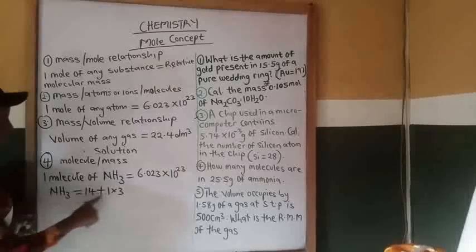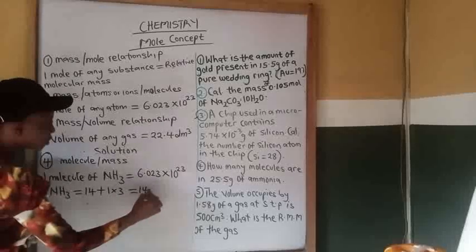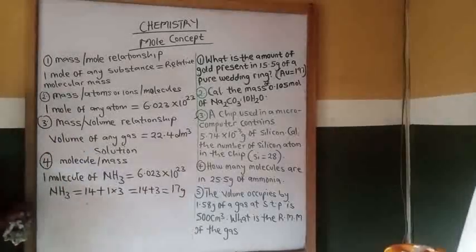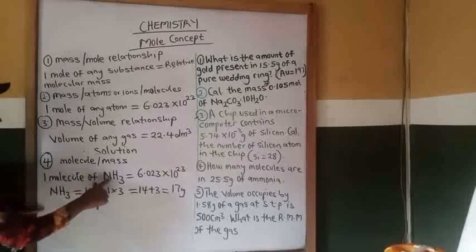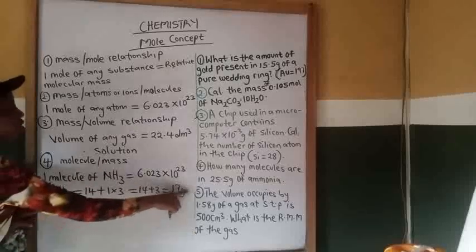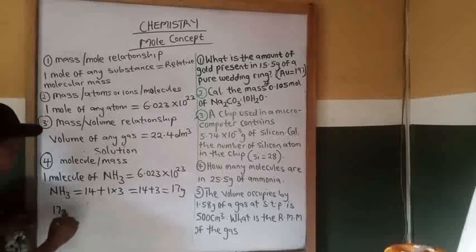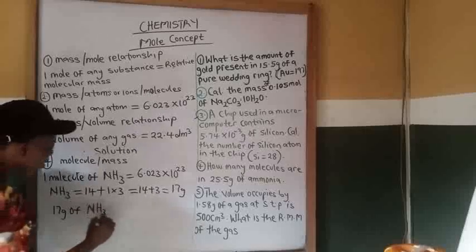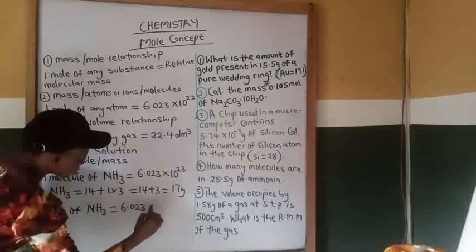That is equal to 14 plus 3, which is equal to 17 grams. Now let's go back to the first step. 1 mole of ammonia is equivalent to the mass of ammonia, which means that 17 grams of ammonia equal to the Avogadro's number.